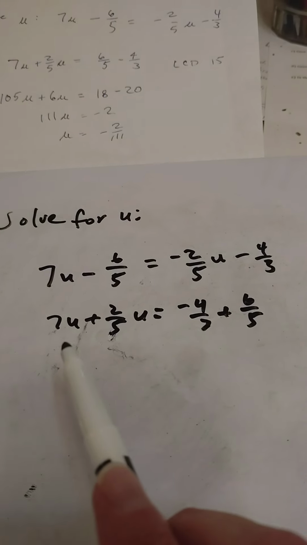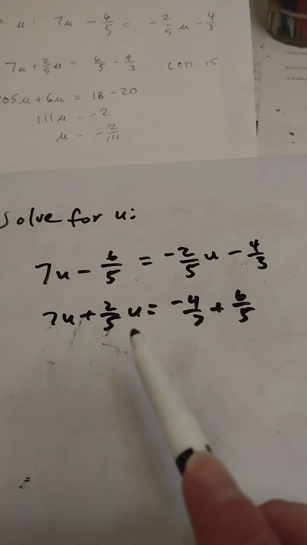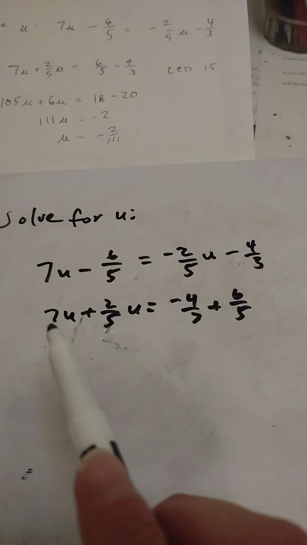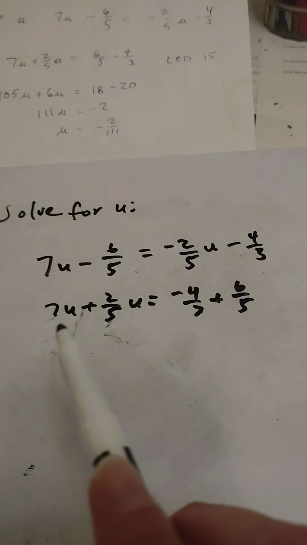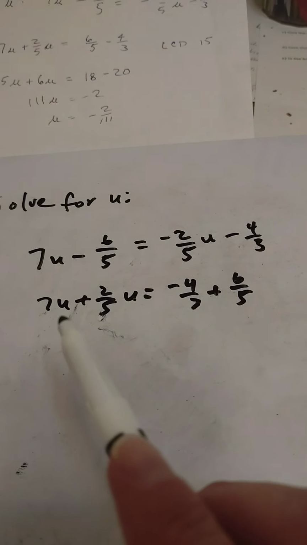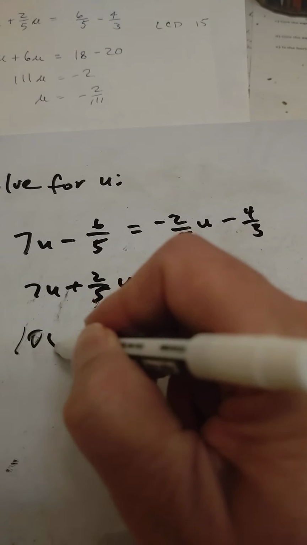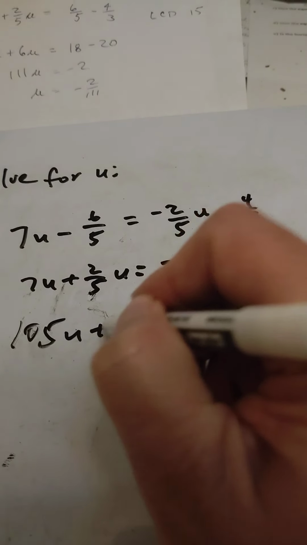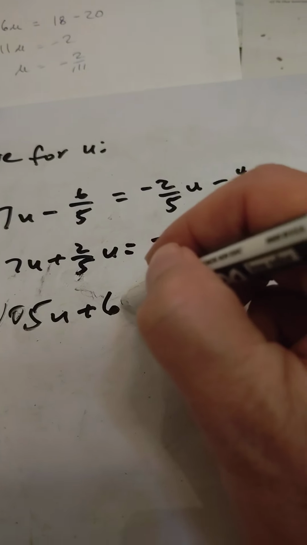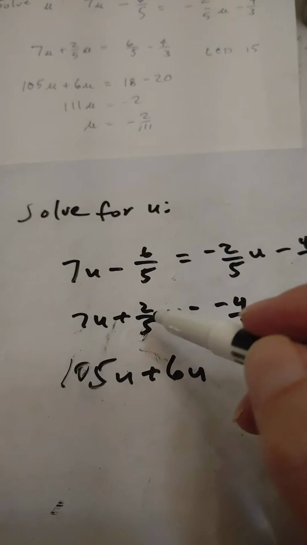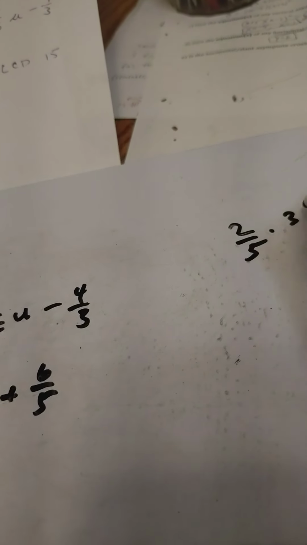So when I multiply the whole left-hand side by 35, it's the distributive property. Every term gets multiplied by 35. What's 35 times 7? I believe that is 105. So I'm going to write 105u plus 6u. Because again, what's 2/5 times 35?